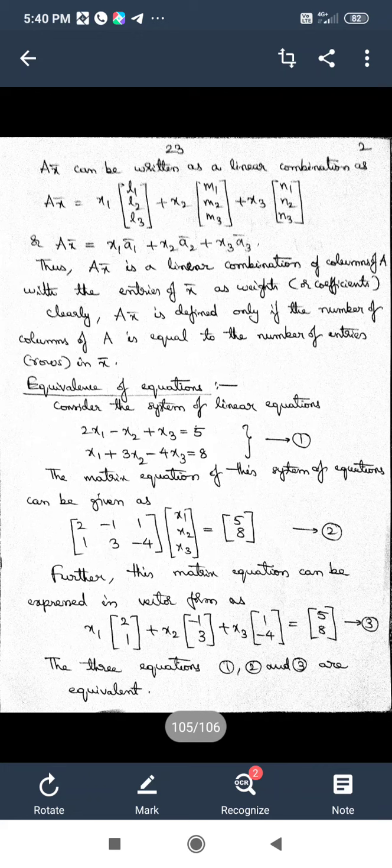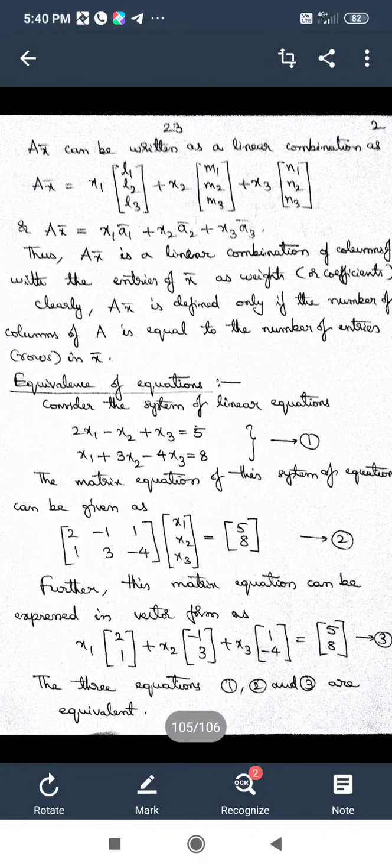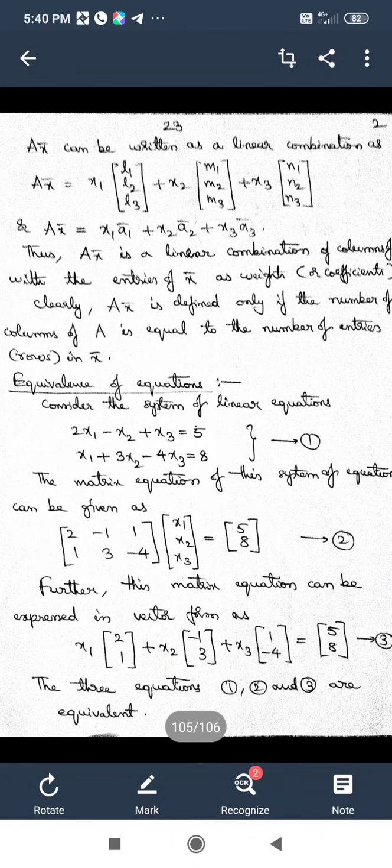So clearly Ax bar is defined only if the number of columns of A is equal to the number of entries or rows in x bar.